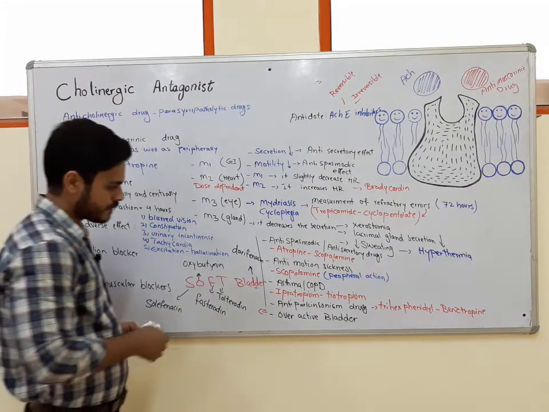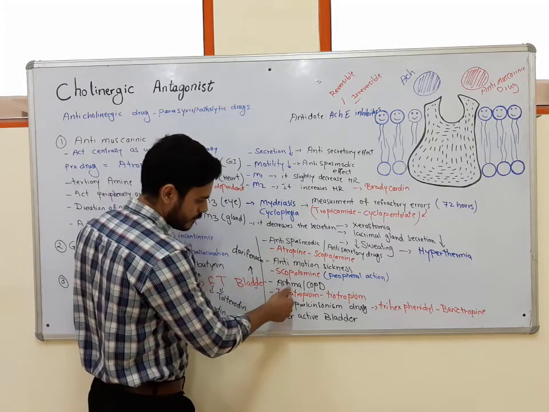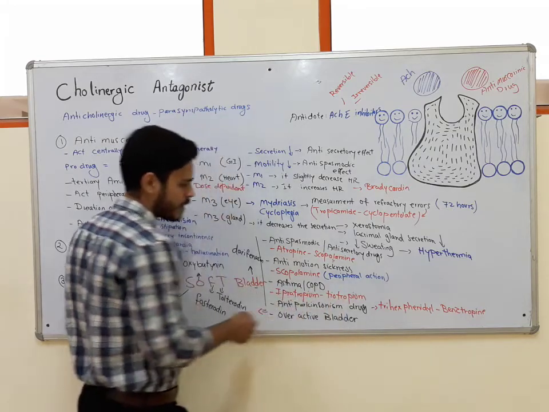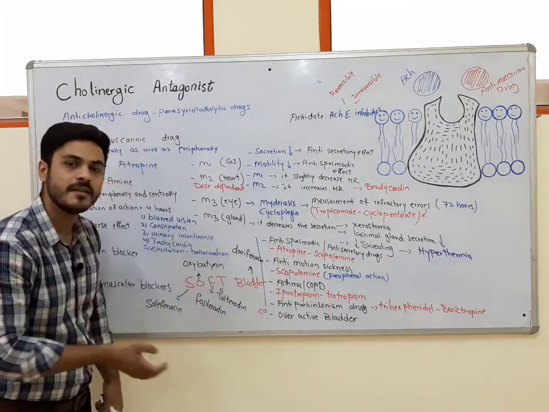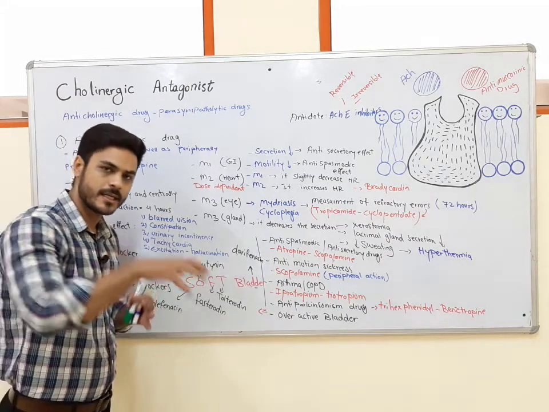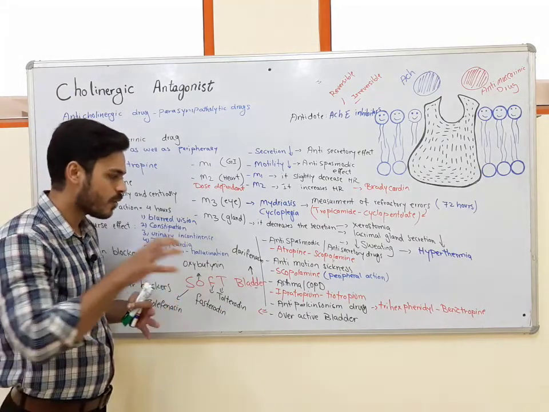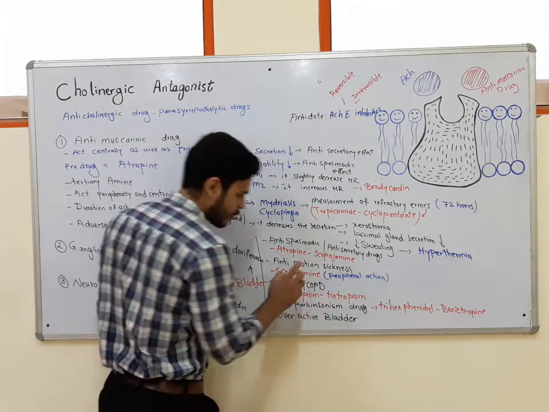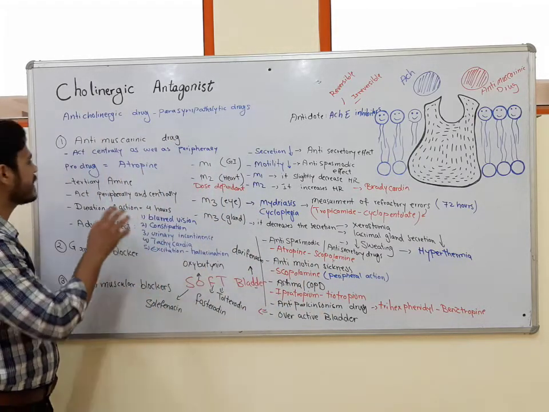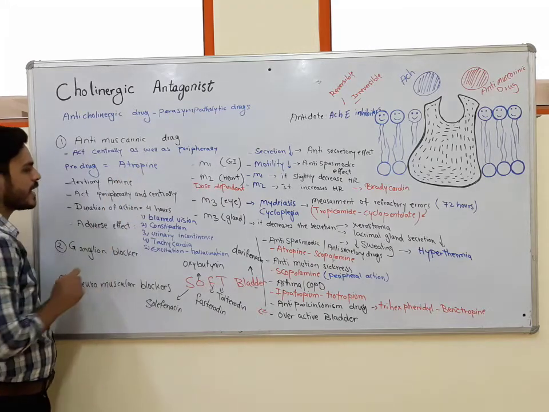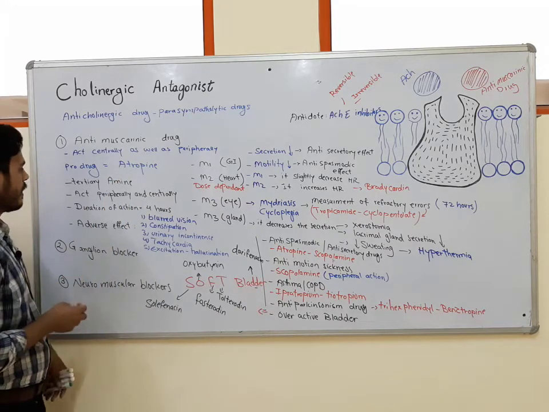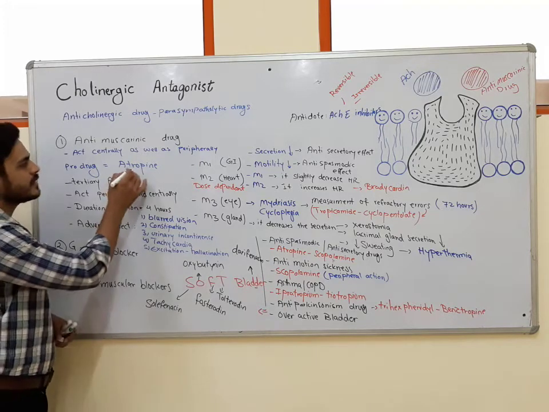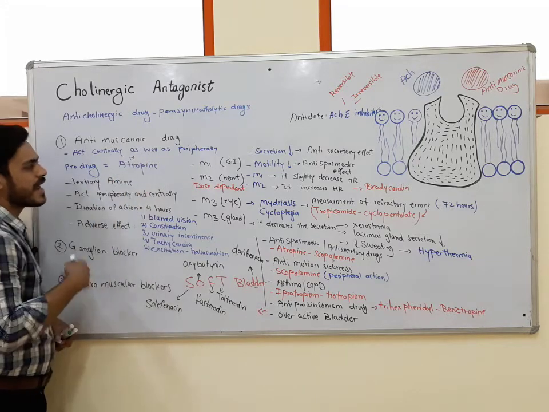Another group of drugs are the drugs which we can use for treatment of asthma and COPD. Ipratropium and tiotropium are there because they have positive charge. They cannot enter the CNS and they can show only the peripheral action also. Ipratropium and tiotropium are synthetic. As I said, atropine we can obtain from a natural source.